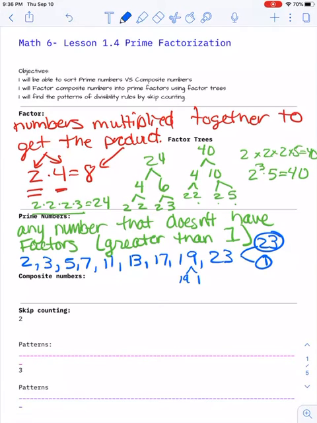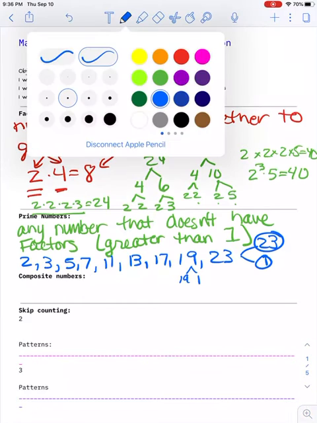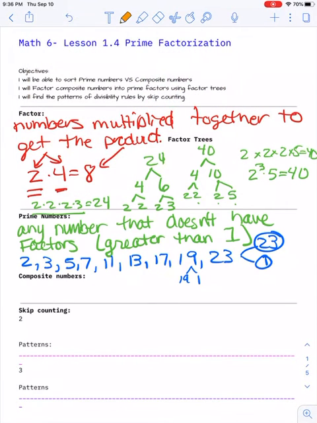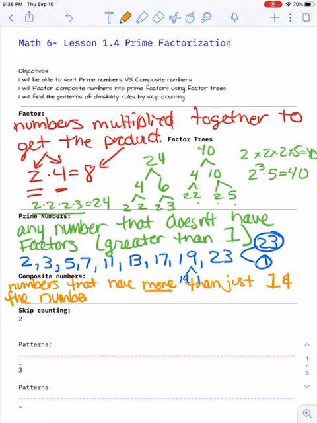Composite numbers, on the other hand, definitely do have other things that you can multiply. They definitely do have factors. So composite numbers are numbers that have more than just 1 and the number as factors, right?